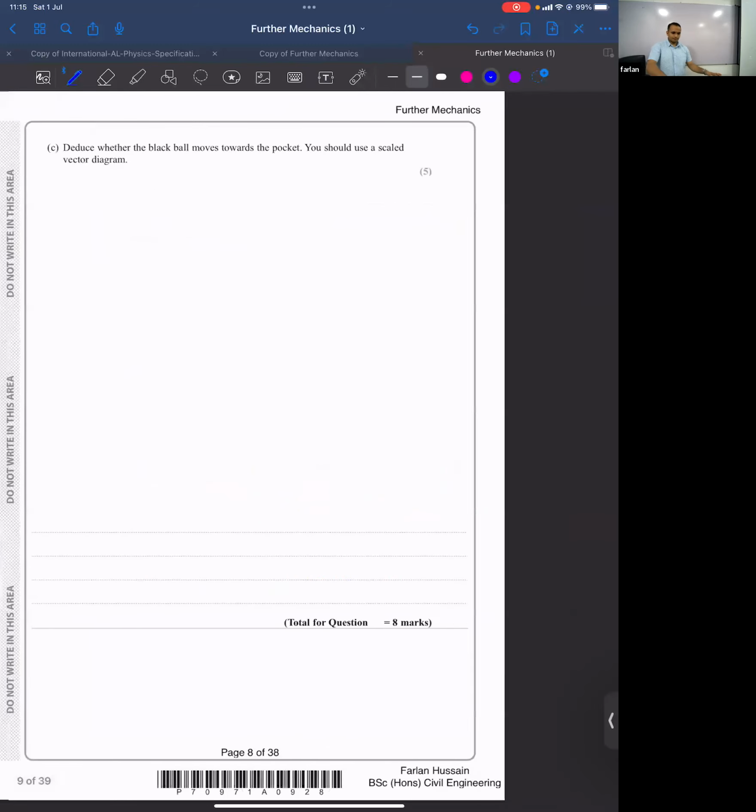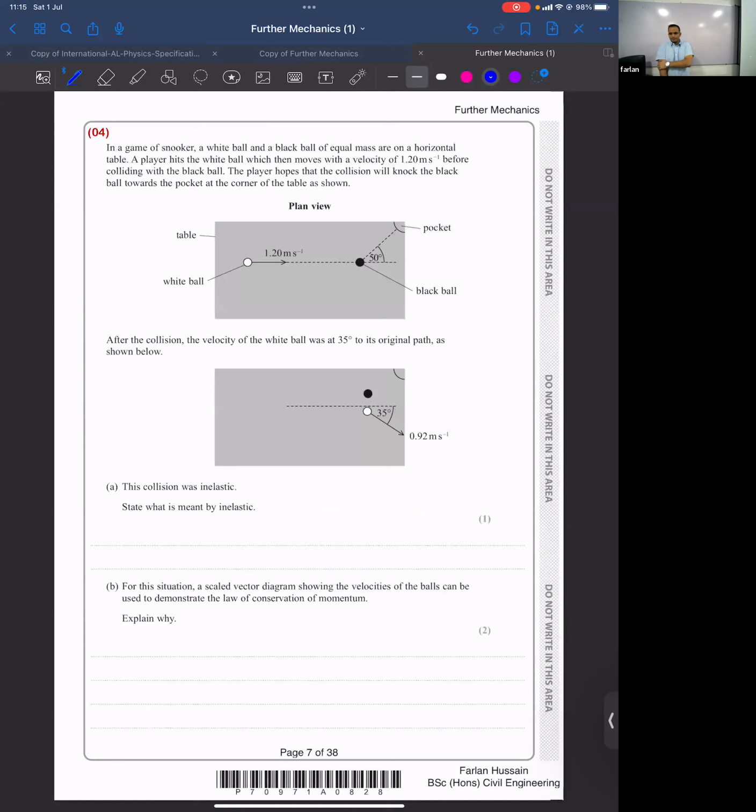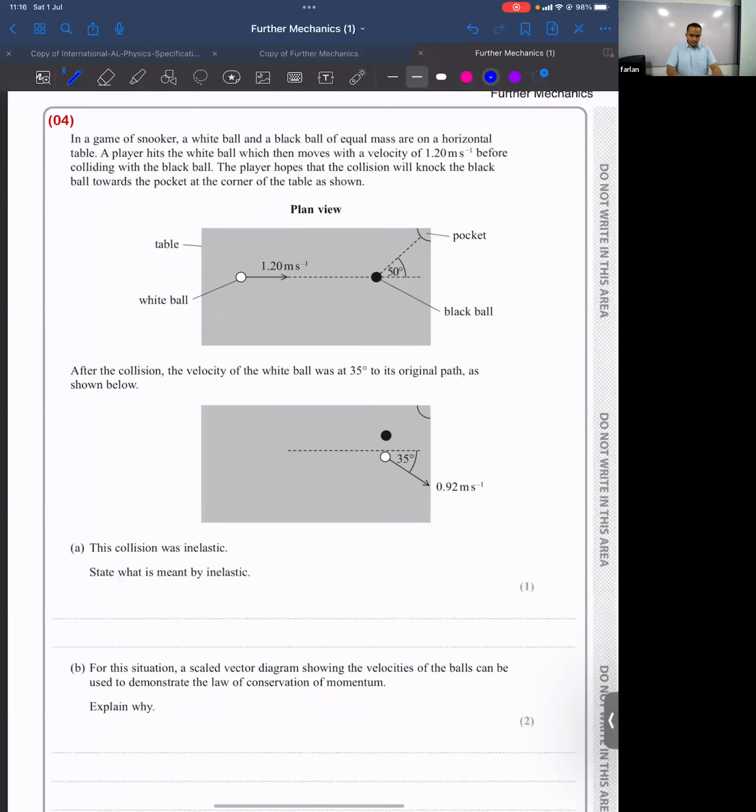Question 4. In a game of snooker, a white ball and a black ball of equal mass are on a horizontal table.